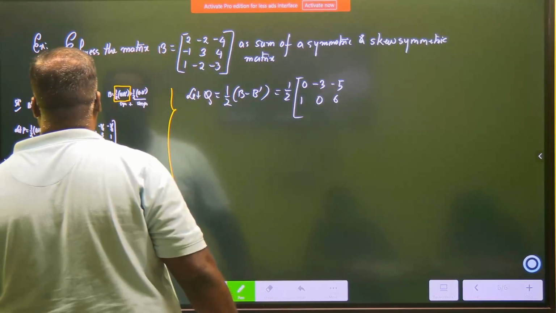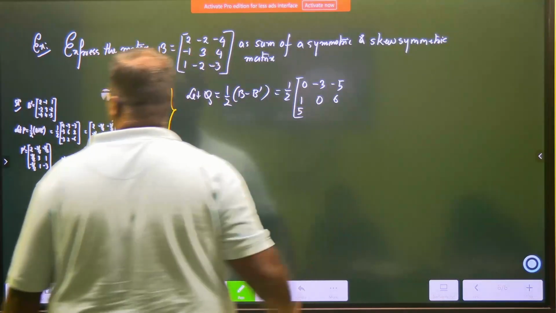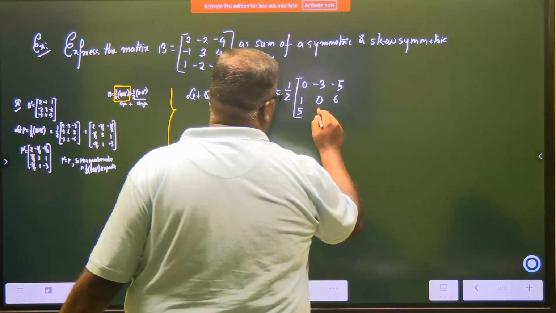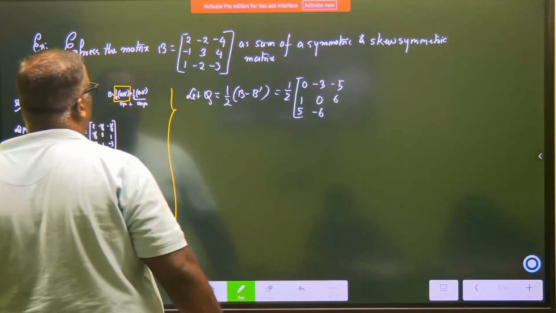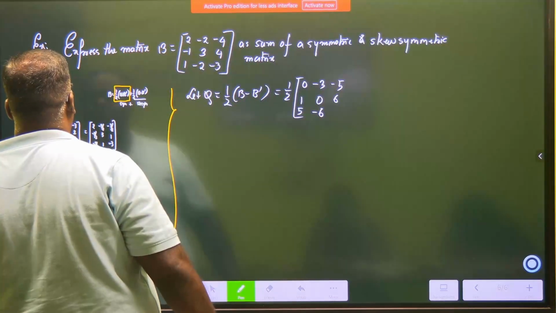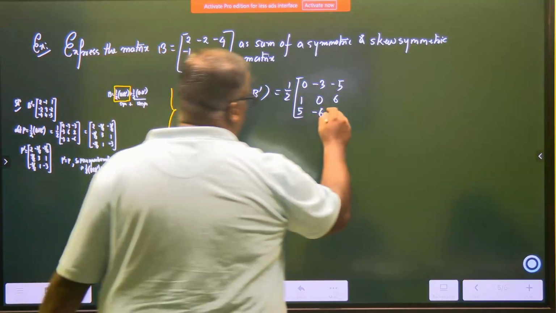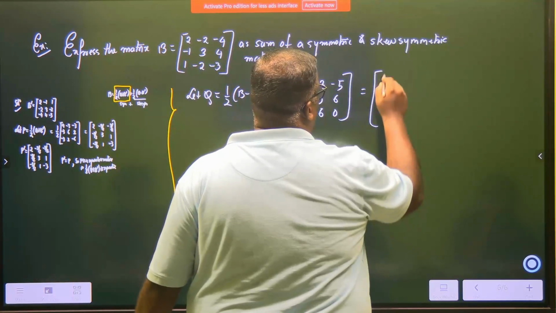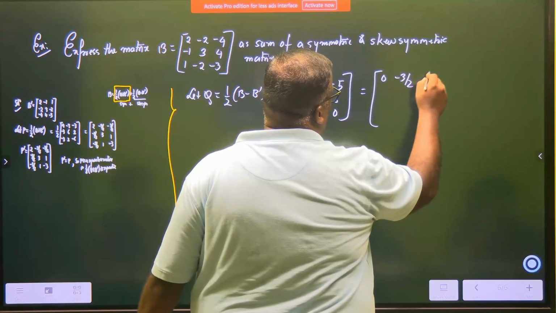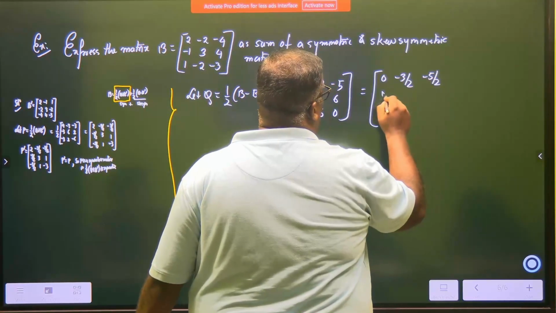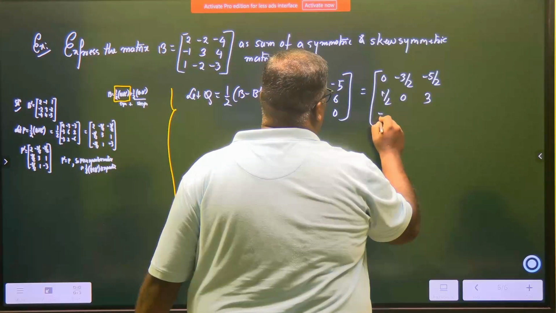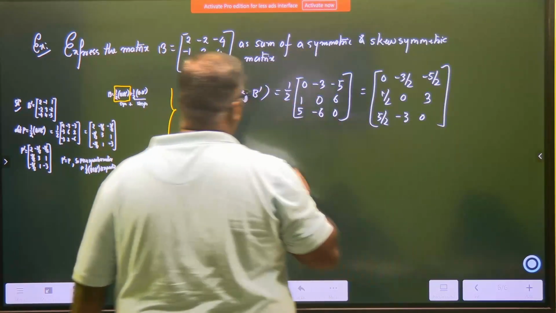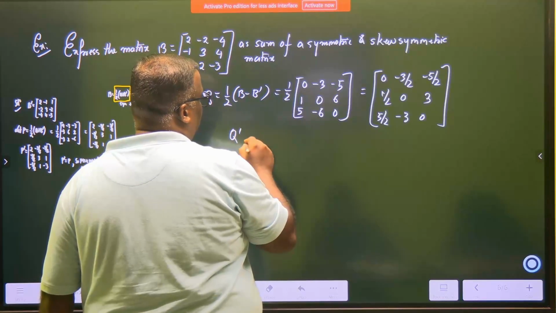And on this side 1 plus 4 will give me 5. And then minus 2 and 4 will give me minus 6. And minus 3 minus of minus is plus 3, which gives me 0. Further this becomes 0, negative 3 by 2, negative 5 by 2, half 0, 3, 5 by 2, negative 3, 0. Right? I try to see what is Q prime.